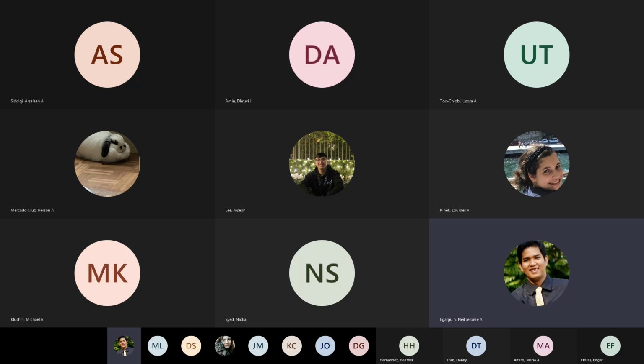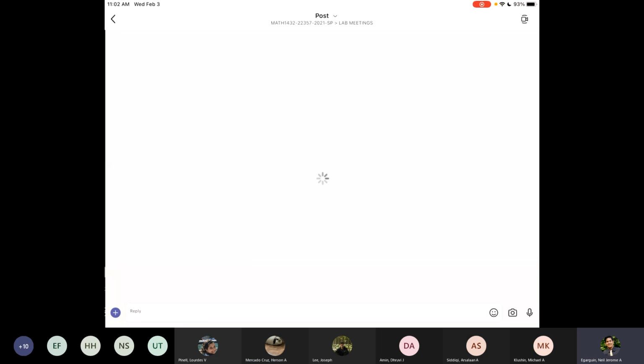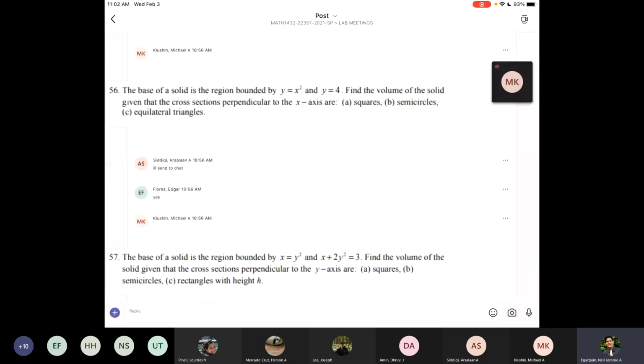So let me see. Okay. My screen is not showing up, but let me try it again. Okay, and so you guys can see my screen right now.